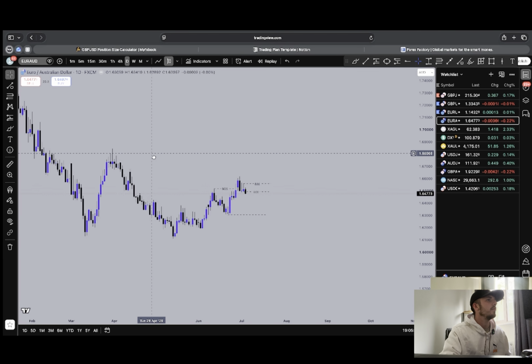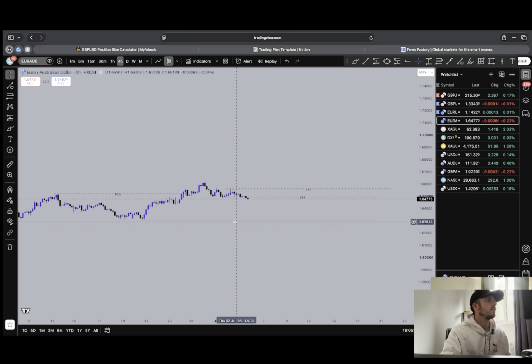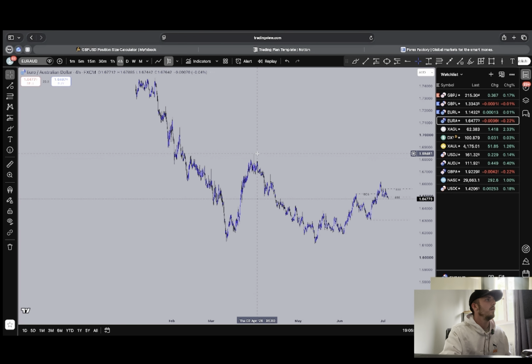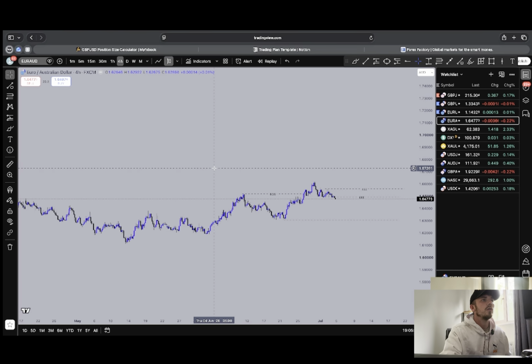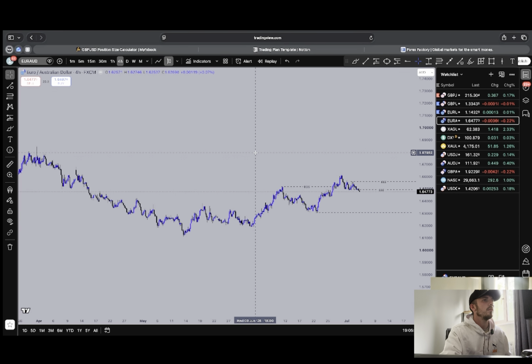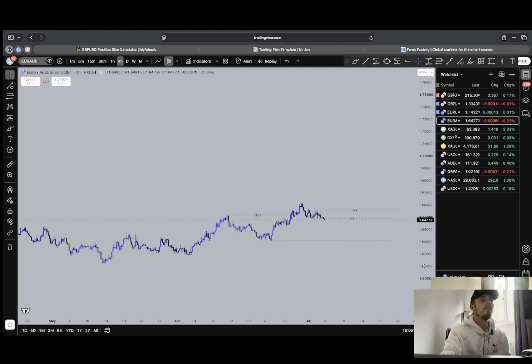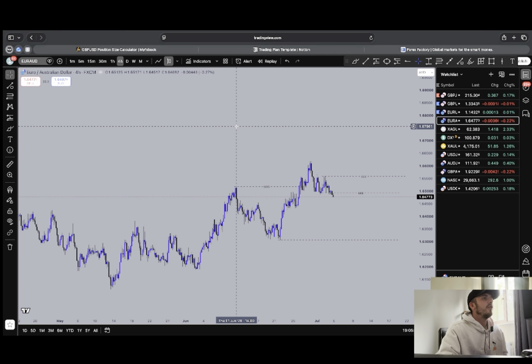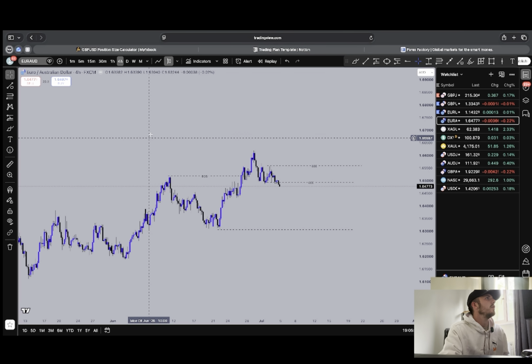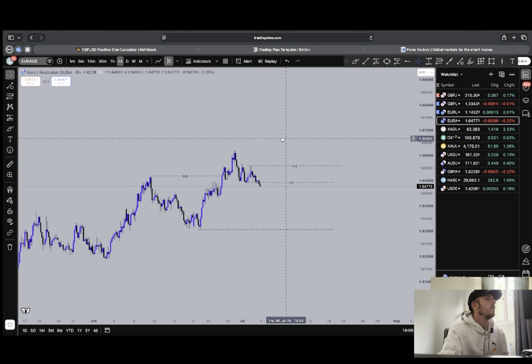Bearish and daily. Bearish. Currently bullish. Breaker structure. So we're bearish turning bullish potentially. So I'll be looking for buys as well.